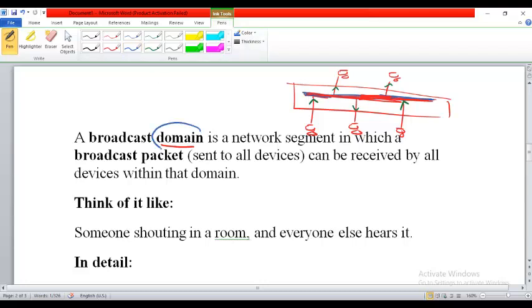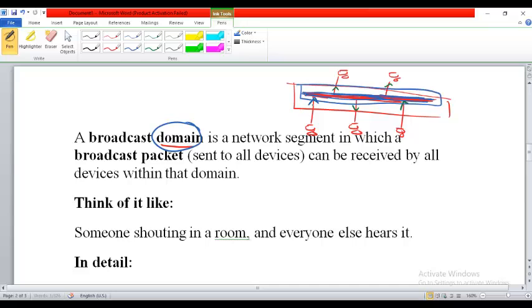If this backbone is connected to all the devices, then any packet that hits that backbone will go to everyone. Which means all these 5 devices are in a single broadcast domain. By default, in a switch, this is how you will see it: all the connected devices connected to one common backbone.